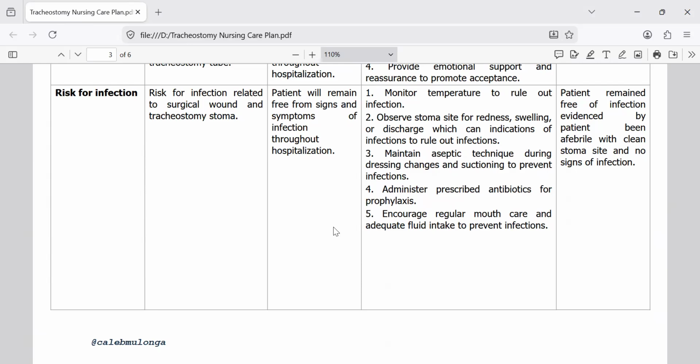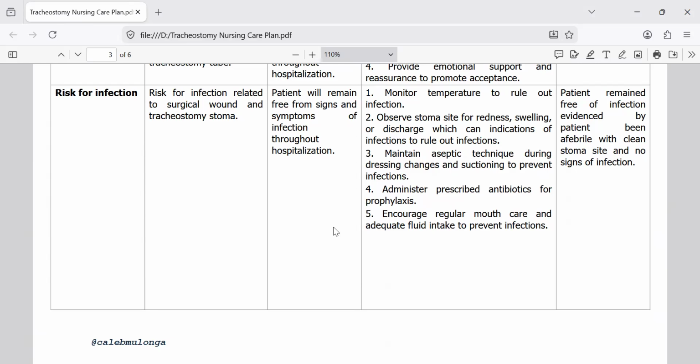Number 3, I will maintain aseptic techniques during dressing changes and suctioning to prevent infection. Number 4, I will administer prescribed antibiotics for prophylaxis. So this is done to prevent infection.